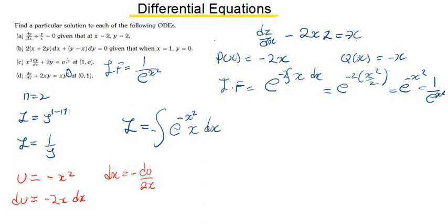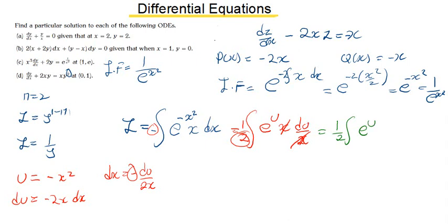So when we come here, observe that this negative and that negative are going to cancel each other, and I'm going to have 1 over 2, then e to the power u, then x du over x here. The 2 I've put outside, remember it was 2x. So this x goes and that x goes, so this will just give me 1 over 2 integral of e to the u du.